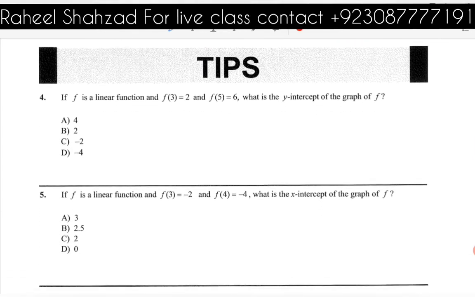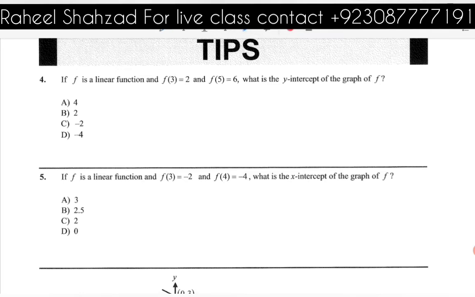Okay, next is question number 4, which states if f is a linear function. Again, remember, whenever we have a linear function, that is a hint that this is a straight line. And whenever the concept of a straight line is there, it implies that points are collinear, they are lying on one straight line and their gradients are the same.